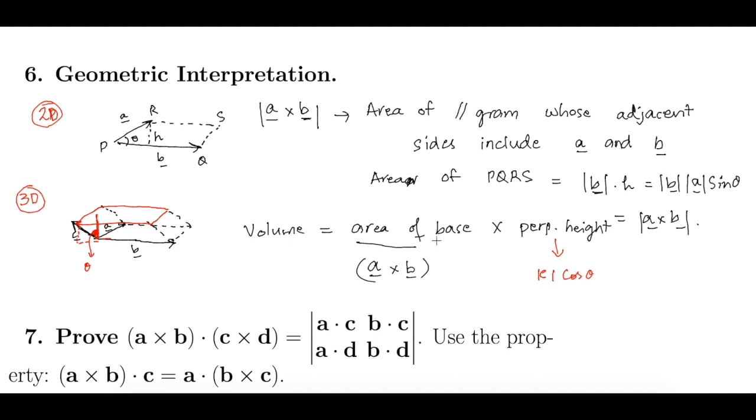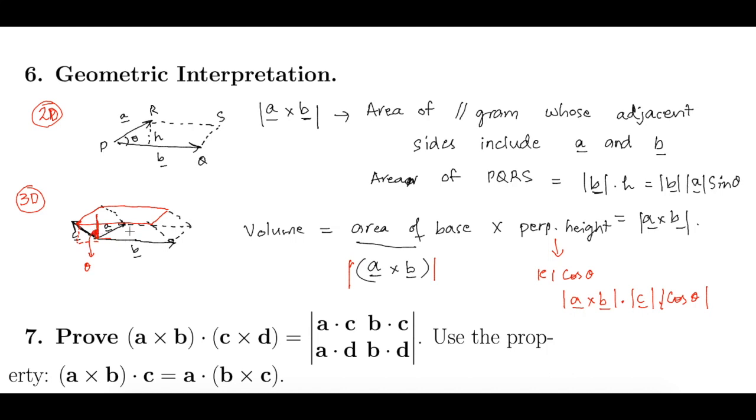So then what do we get? We get A cross B times C times cos of theta, okay? Now this cos of theta should also be like this. Why? Because this angle can be more than 90 degrees.